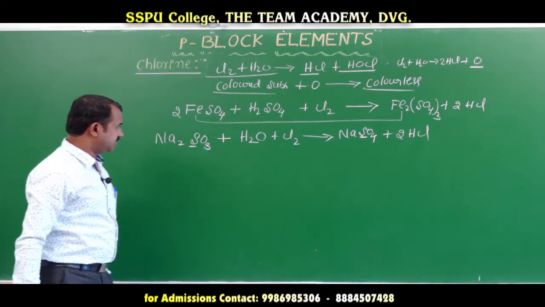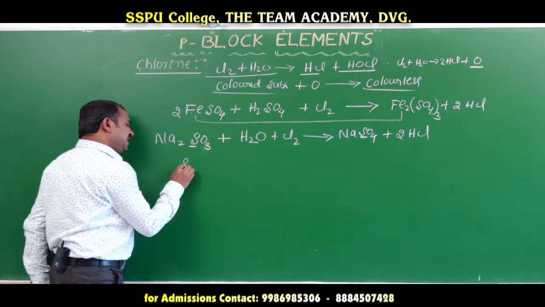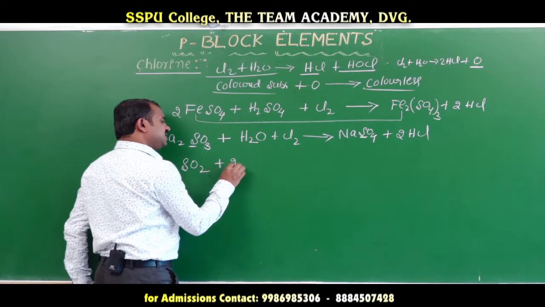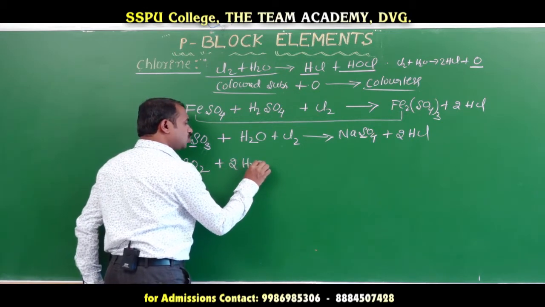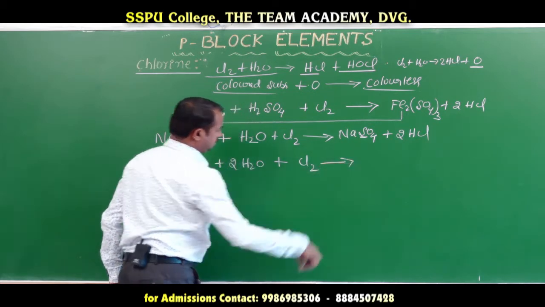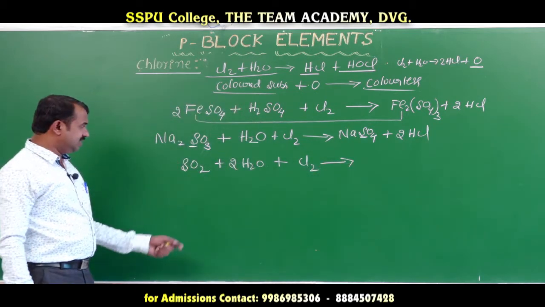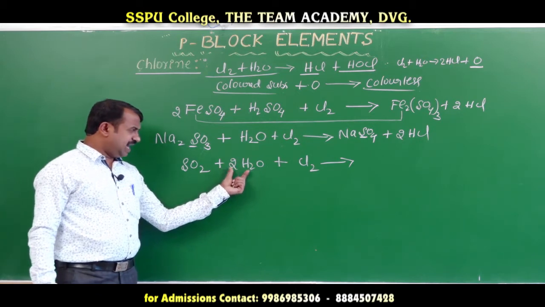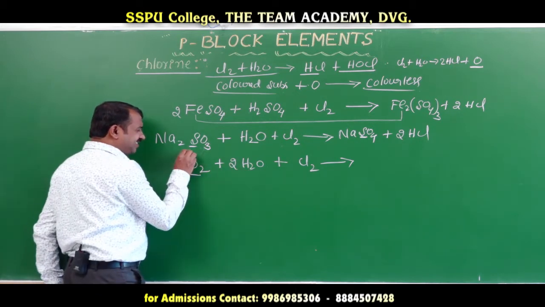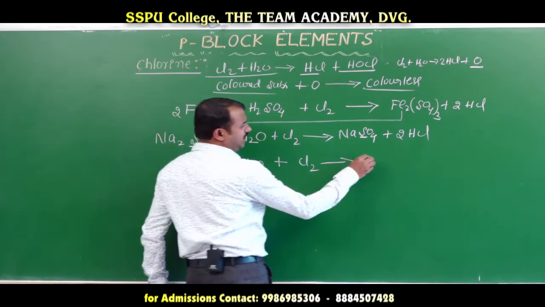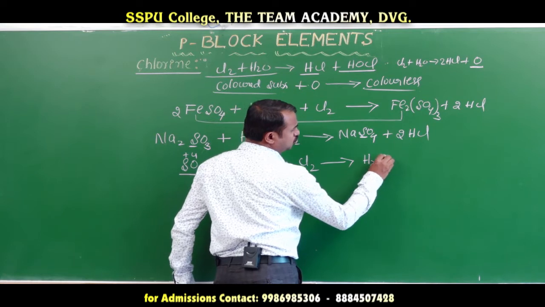This is important. Now take sulfur dioxide. Sulfur dioxide reacts with 2 molecules of H2O and chlorine. Listen here, sulfur dioxide has oxidation state +4. Sulfur dioxide is converted to sulfuric acid, H2SO4.